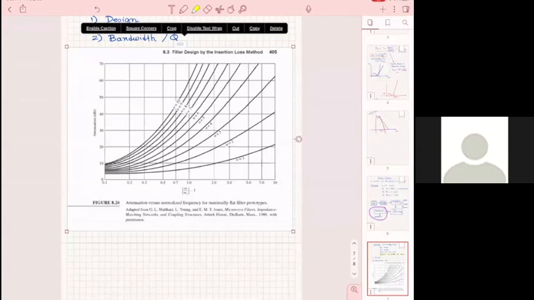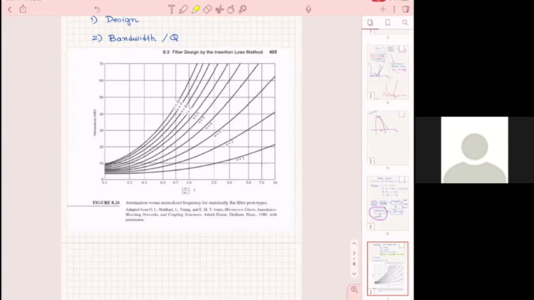So I want here my omega over omega C minus 1. This is what they plot here. So it's along this line. All right. So omega over omega C minus 1, that's what is plotted here. And then I want N equals 2.